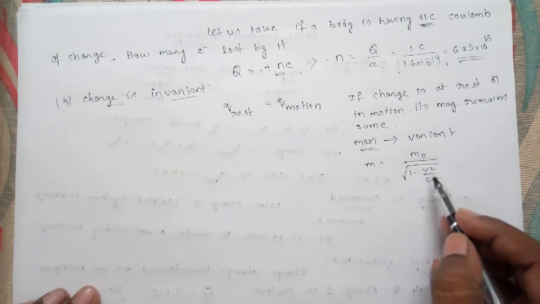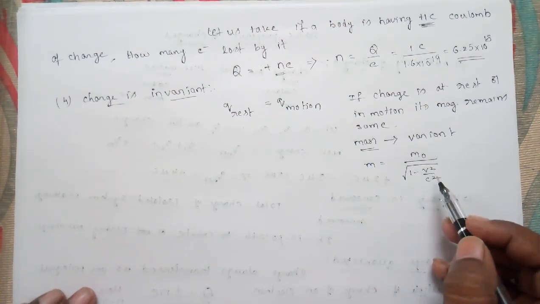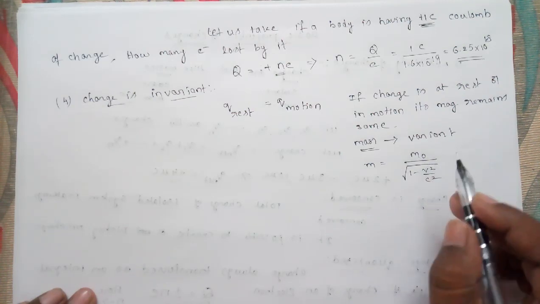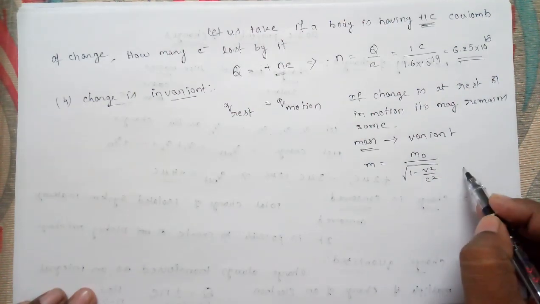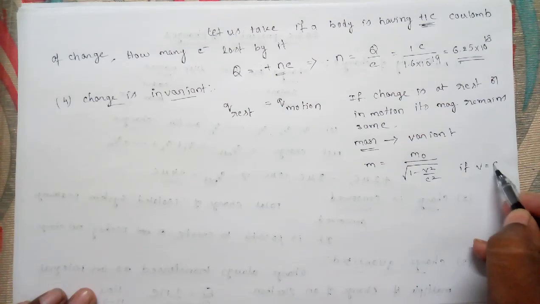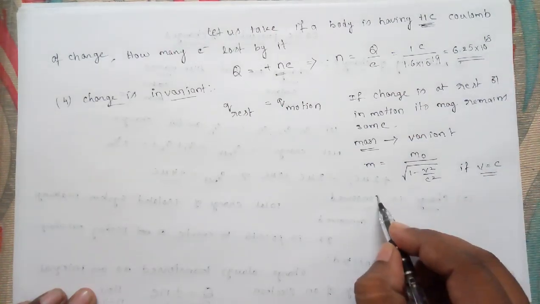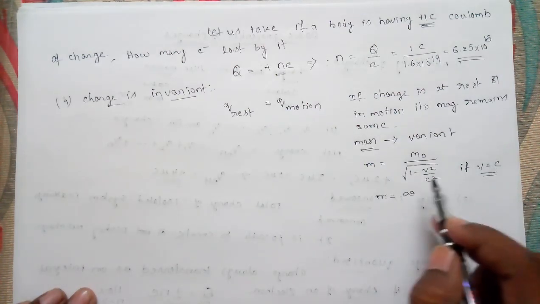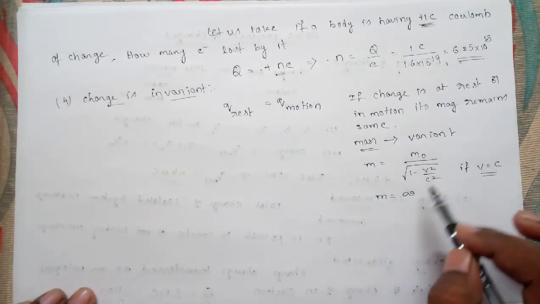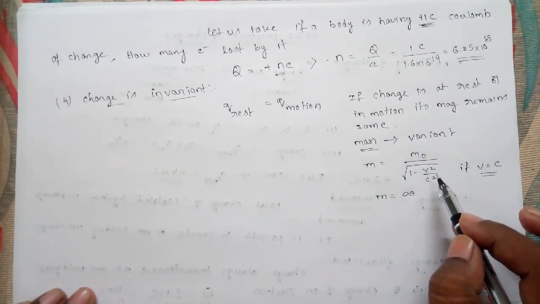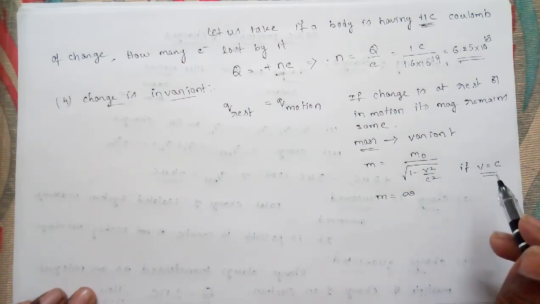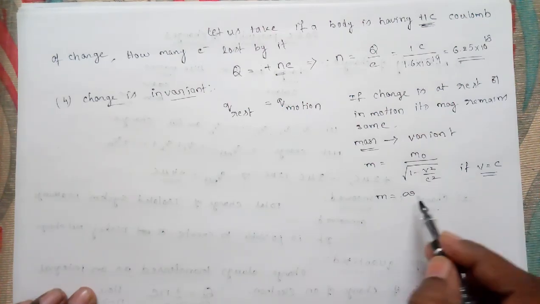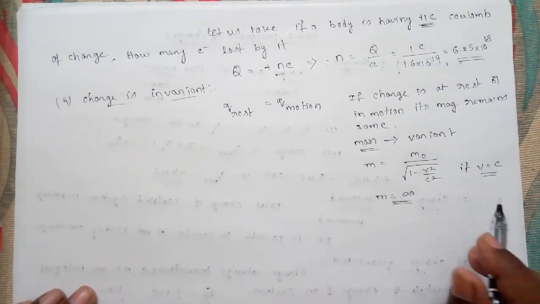So if the velocity increases, the mass is going to increase. Here m0 is the rest mass. If v equals c, then m becomes infinity. So as the speed of the mass increases and reaches the velocity of light, its mass becomes almost infinite.